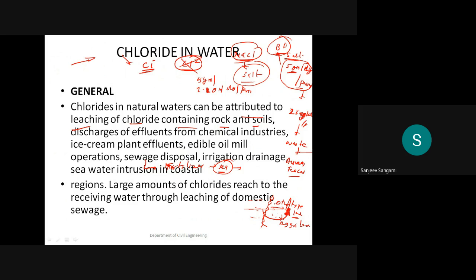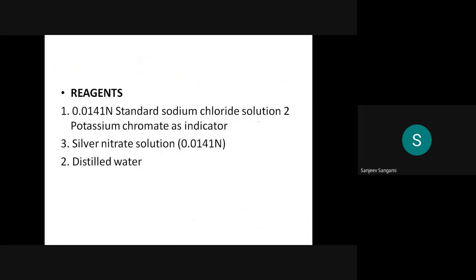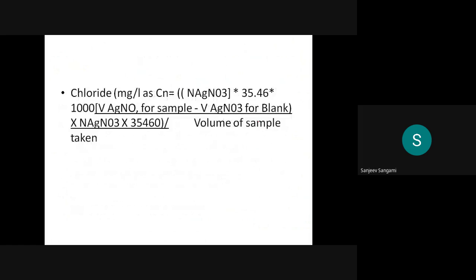How do we get chloride content in water naturally, and the other source is anthropogenic activities, that is, man-made.